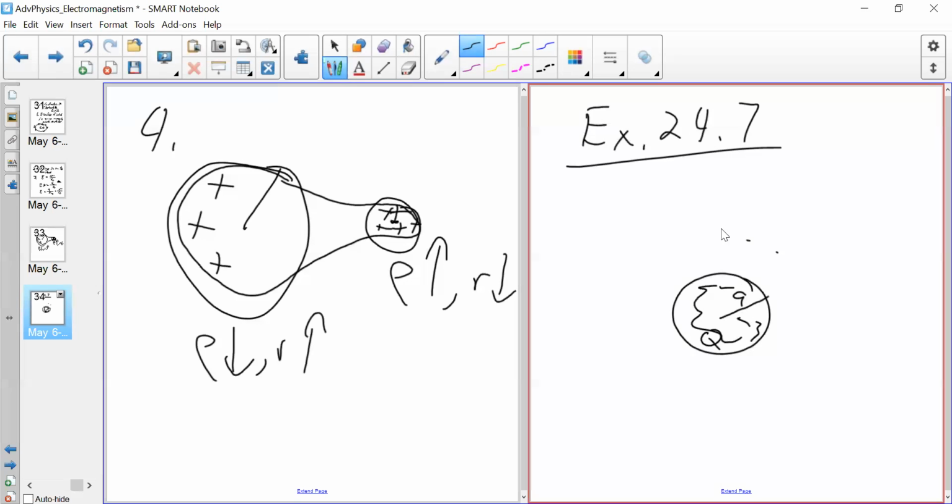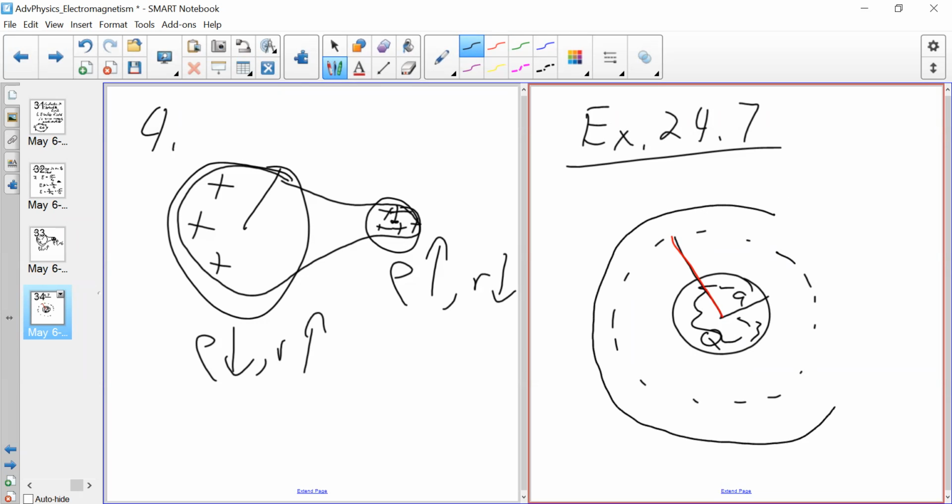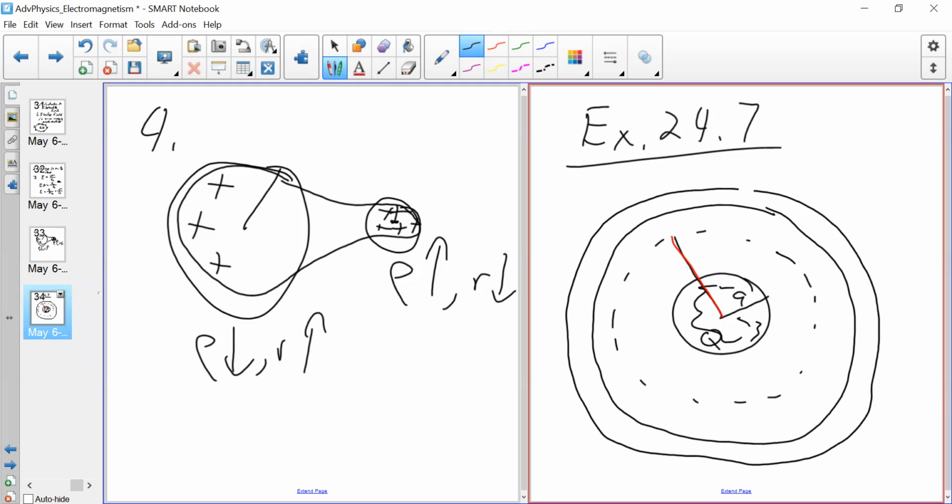Then we have this Gaussian surface right outside of it, and that surface has radius R. And then it's a spherical shell, and we have the inner lining of that spherical shell, the cross-sectional area.